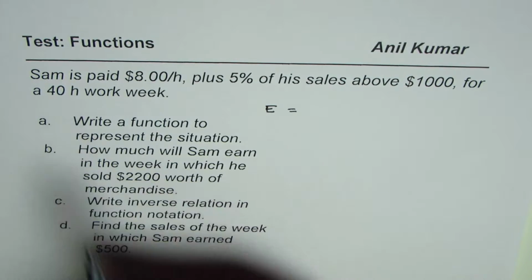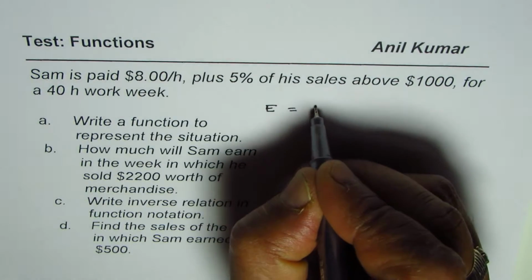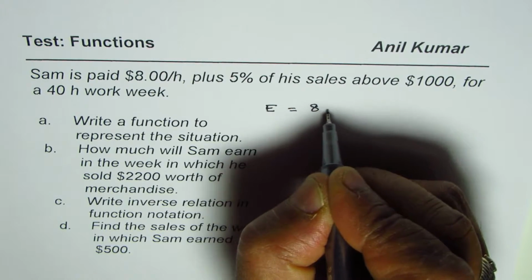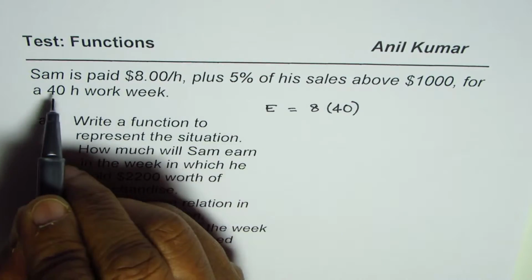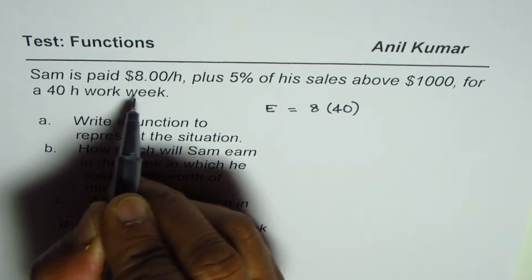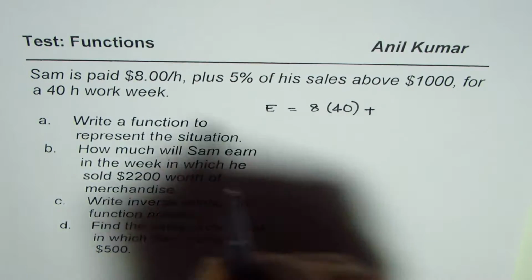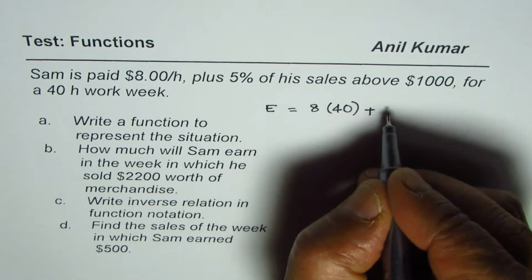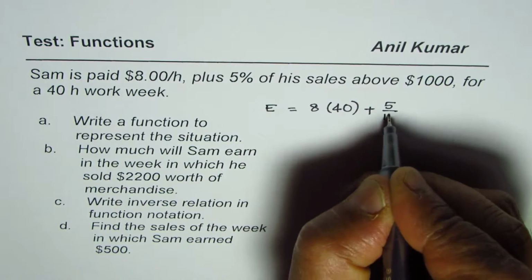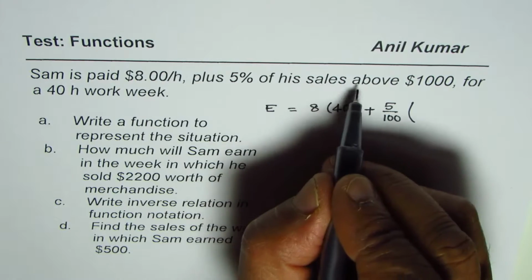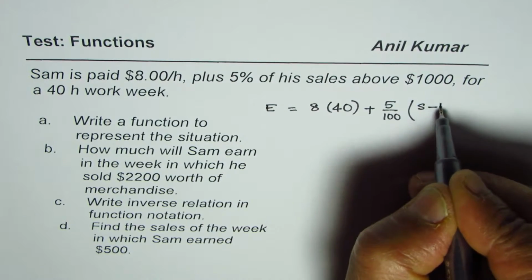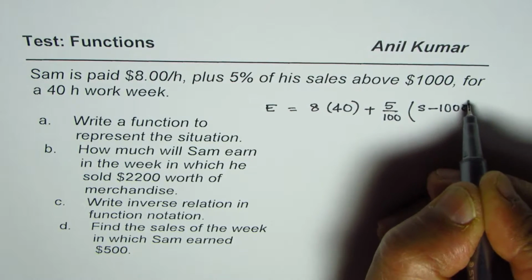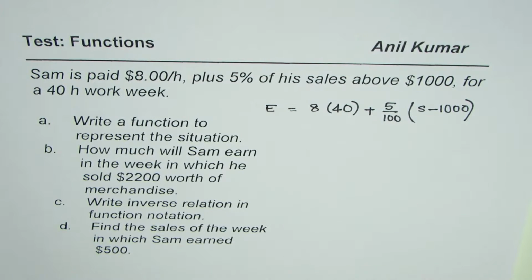That means 8 times 40, plus 5 over 100 of sales above 1,000, so sales minus 1,000. That is how you could write your equation.